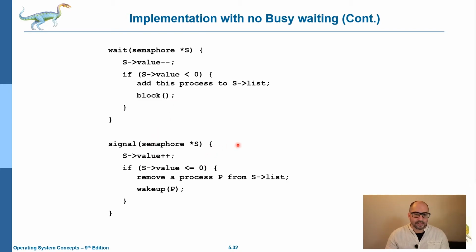Signal operates similarly in that it increments the value, and if the value is less than or equal to 0, then we want to remove a process from the list, wake it up, and give it a chance to run. So wake up here, this is to context switch the process back in, or sorry, more accurately to say to put it into the ready state so that the scheduler may put it into the running state yet again.